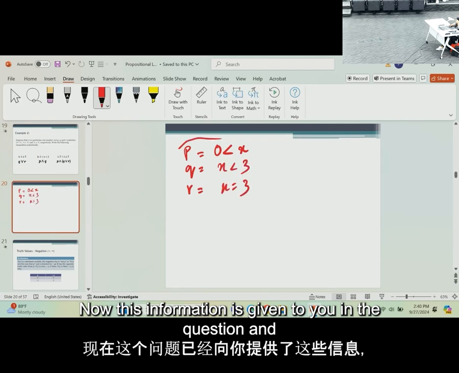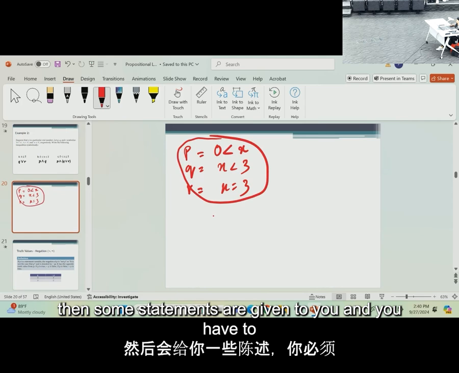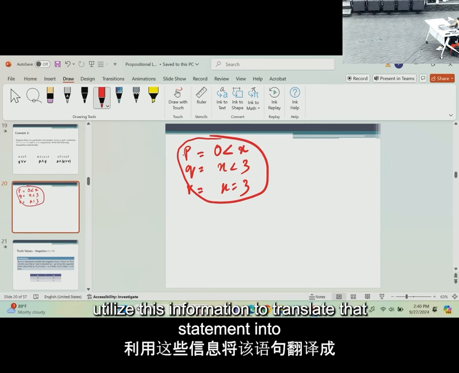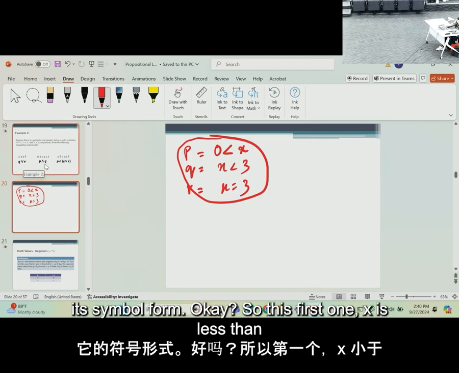Now this information is given to you in the question, and then some statements are given to you, and you have to utilize this information to translate that statement into its symbol form.